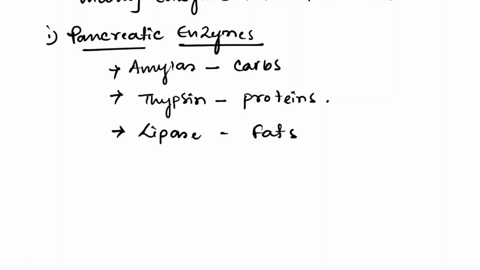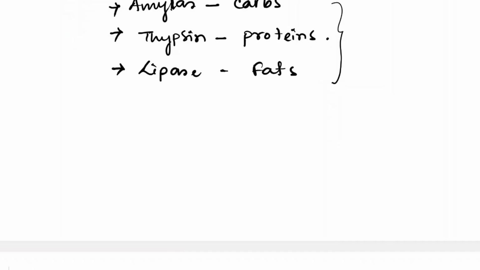So you have to remember all this. How do you remember? Amylase, trypsin and lipase. So these are the protein, carbs and fats. Okay. Next, pancreatic enzymes finished.